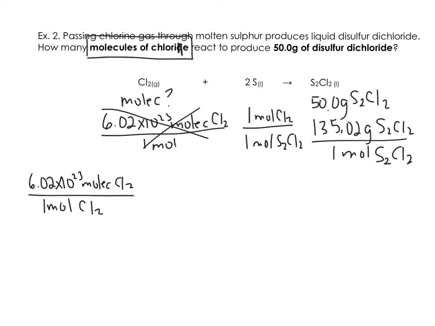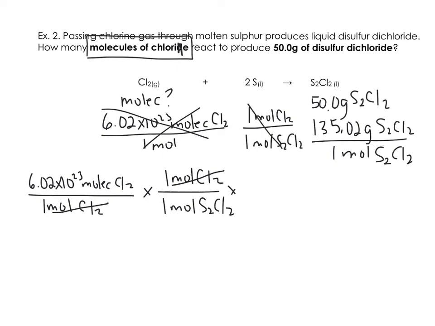Can't use Avogadro's number again. So we need something with moles of Cl2. There's only one thing, and that's our mole ratio. So we need to have moles of Cl2 on top so that they cancel the moles of Cl2 in our first ratio. So our mole ratio, we can use 1 mole of Cl2 for 1 mole of disulfur dichloride. So moles of chlorine, not the numbers, just the units, cancel.